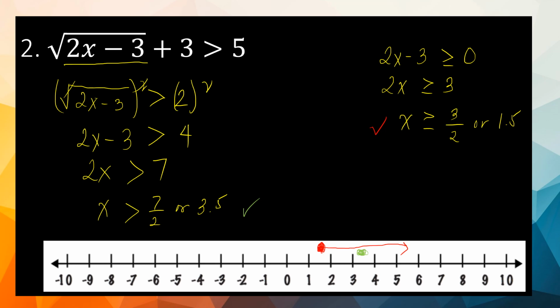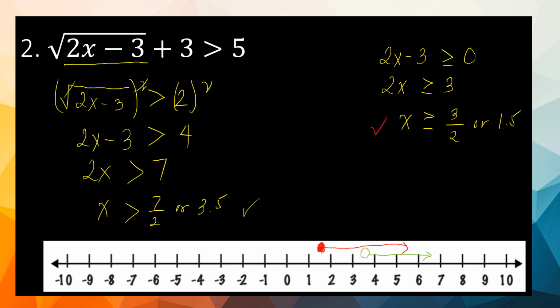Oh, it should not be a solid dot. Let me erase that. Okay, and it is greater than, so it's also to the right. So now the goal is to find the overlapping parts of the two inequalities. As you can see, they start to overlap at 3.5.